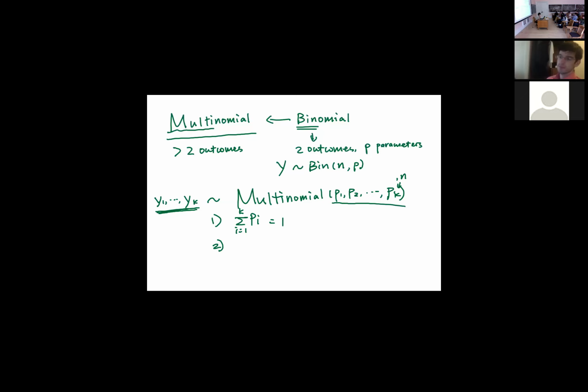So another restriction on all of the outcomes is that Y1 plus Y2 plus until Yk sum up to n. That's the number of trials that you're doing. So in the binomial case, it's y and n minus y, because it's y number of successes, so that will be n minus y number of failures.